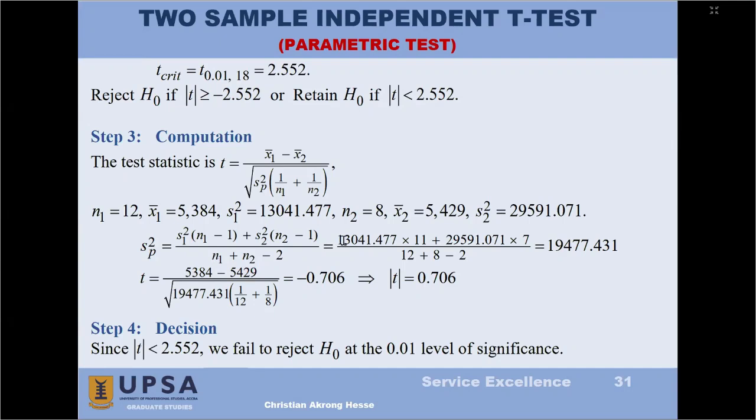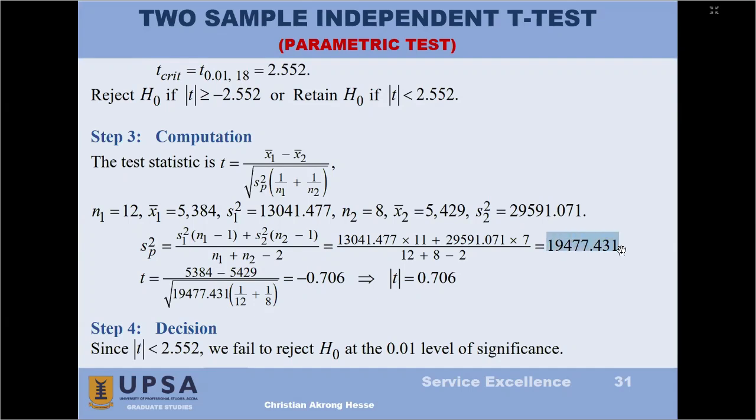When you substitute the values, it will be the variance here times N1 minus 1. N1 is 12, so N1 minus 1 will be 11. Then the variance of the nurses times N2 minus 1. N2 is 8, so 8 minus 1 will be 7. So check whether this answer for the pooled variance is correct.